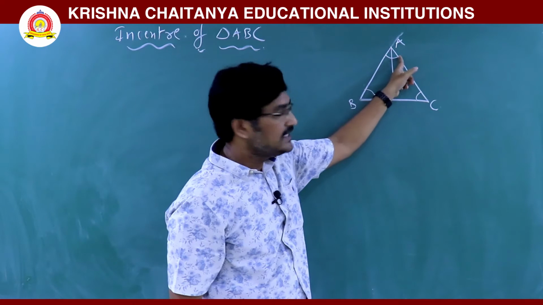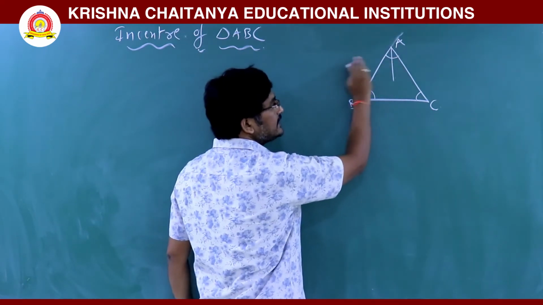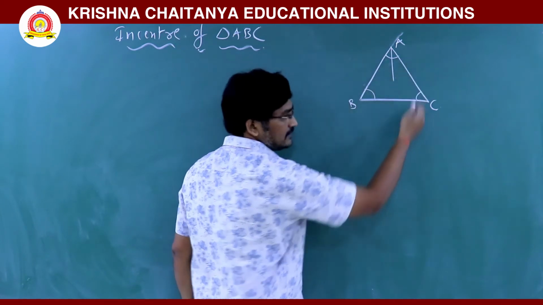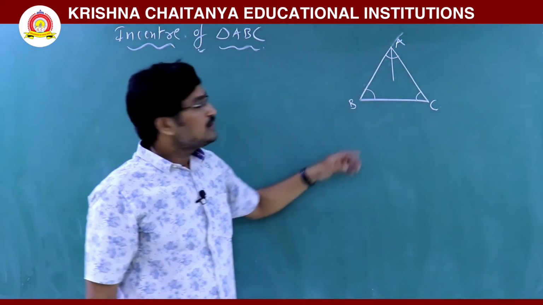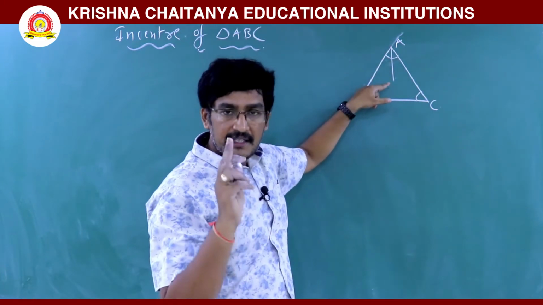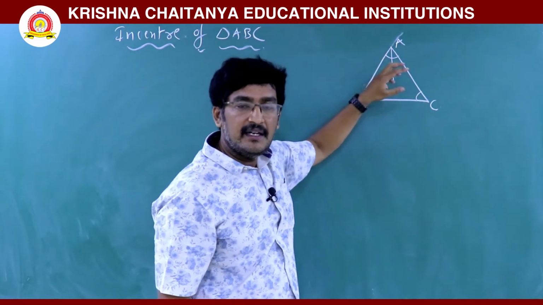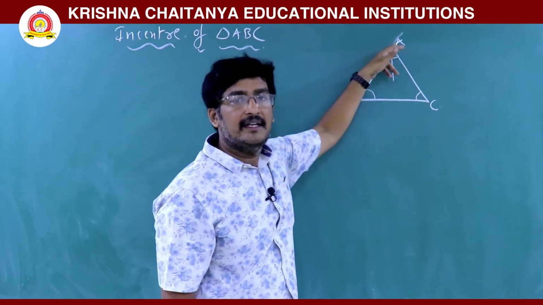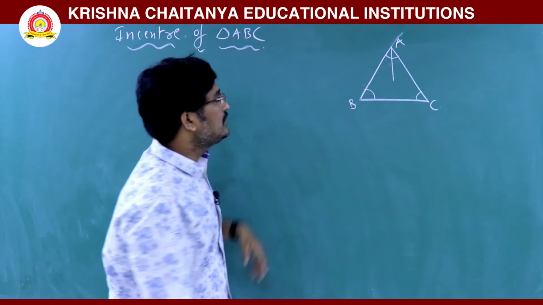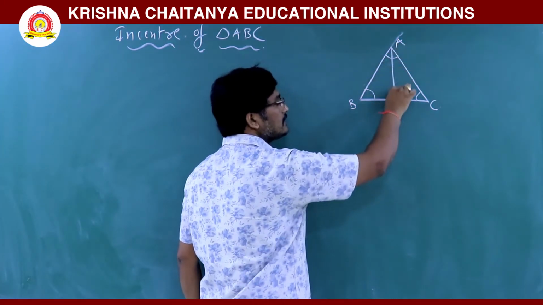Suppose this angle is 60. Then if it bisects this angle, this is 30, this is 30. This line passing through A bisects this angle, and it is called the internal angular bisector of angle A.